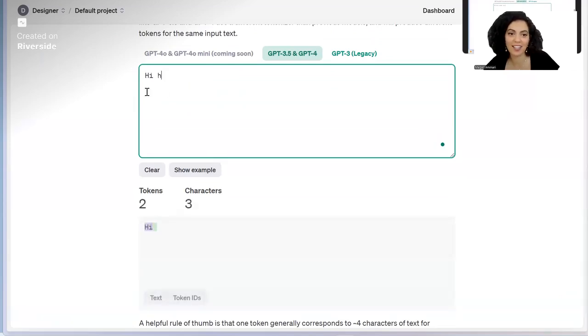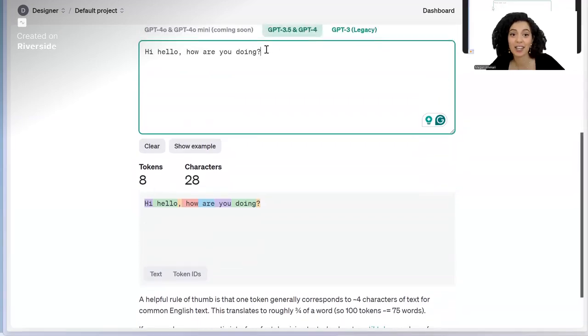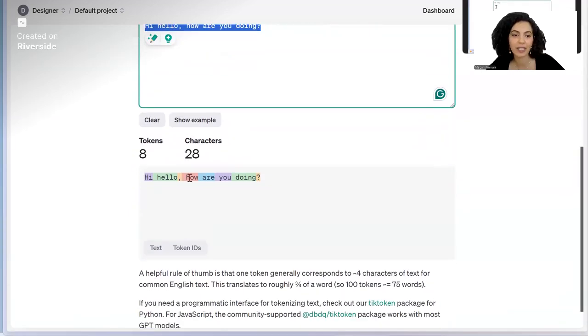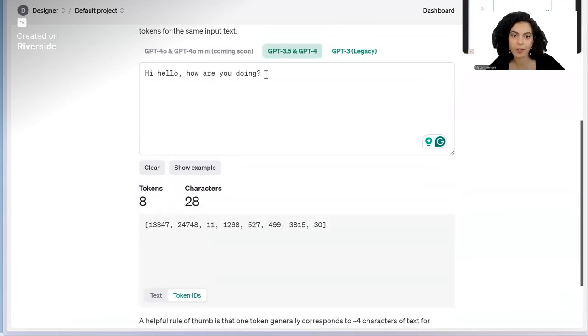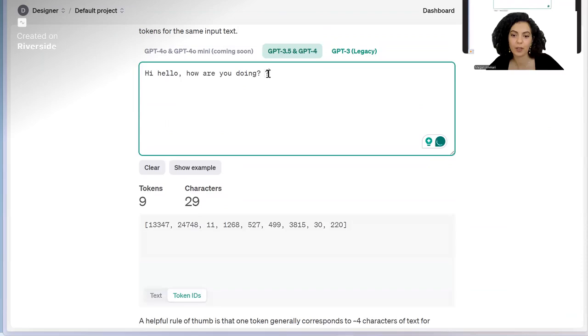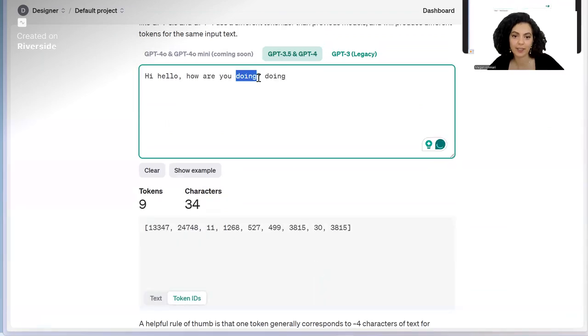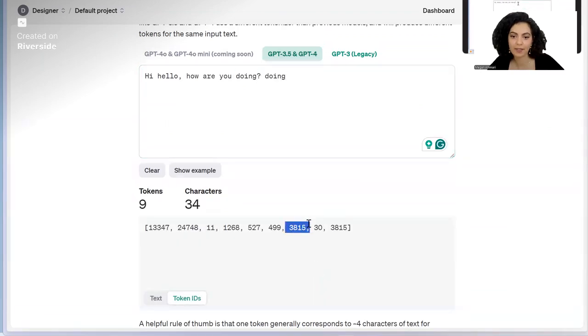So, hi, hello, how? So you can see just that is 8 tokens, 28 characters. Each one of these is a string of numbers. If I put doing, yes, doing is 3815, 15. The question mark is 30.